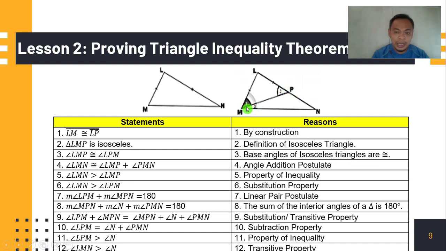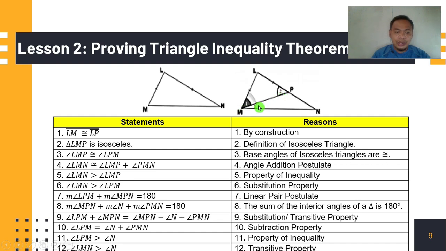MP. We'll construct MP. Okay? MP. And nagiging LM is congruent to LP by construction, di ba? So, gumawa pa tayo ng MP, tapos si LM is congruent to LP. Okay, by construction. Nakita po natin yan sa pag-construct natin kay MP.